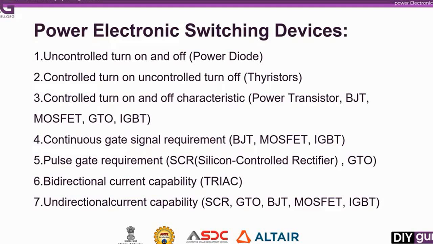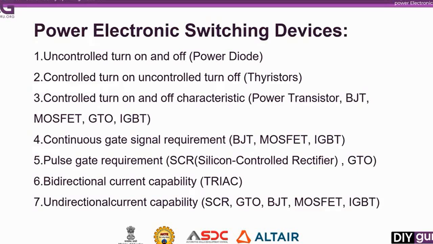Semiconductor devices can be classified in terms of their controllability in three groups, which are first uncontrolled, second semi-controlled, and third controllable devices. So here are some examples of power electronics switching devices. We'll go through them one by one. First is the power diode.